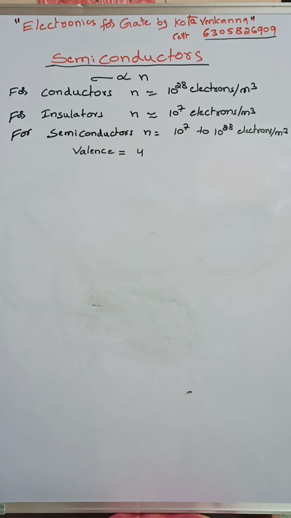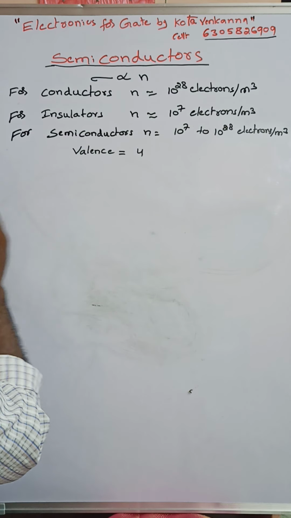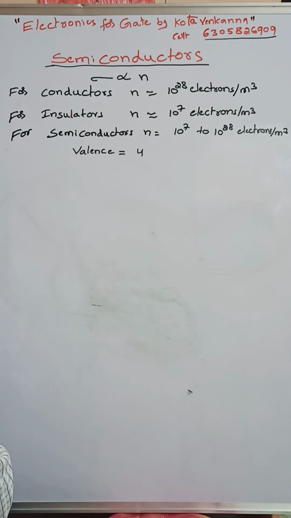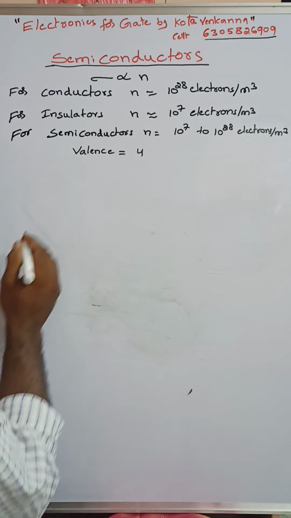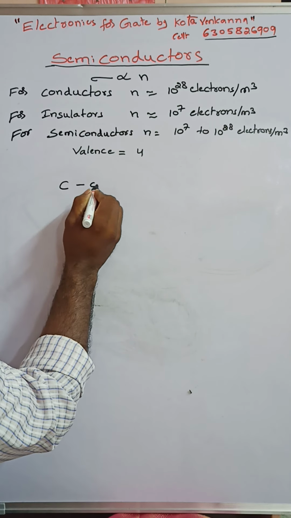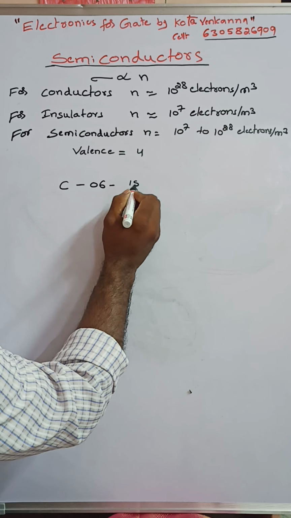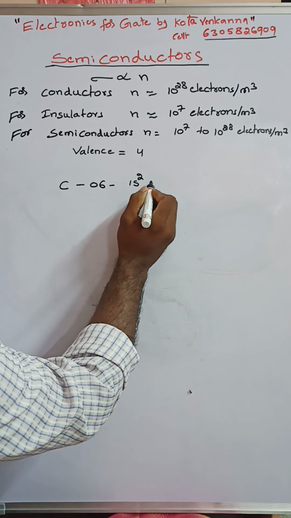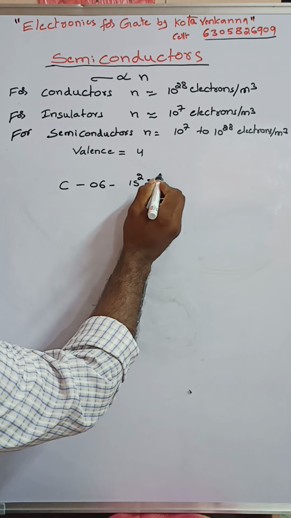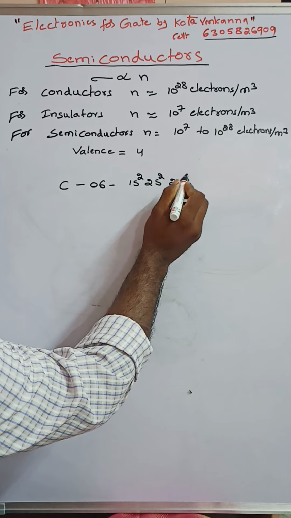For example, carbon. The atomic number of carbon is 6, element C, and the configuration is 1s2, 2s2, 2p2.